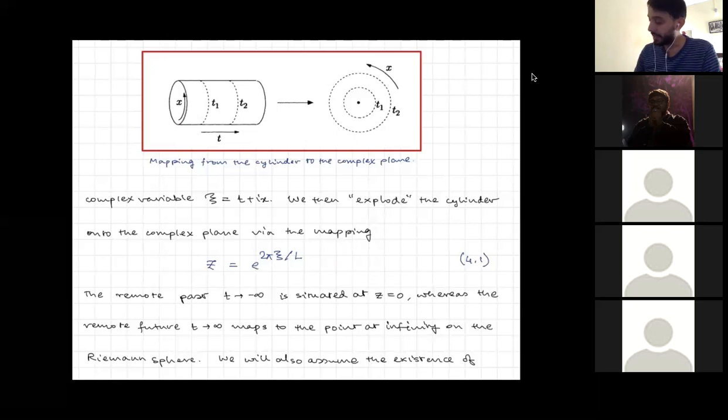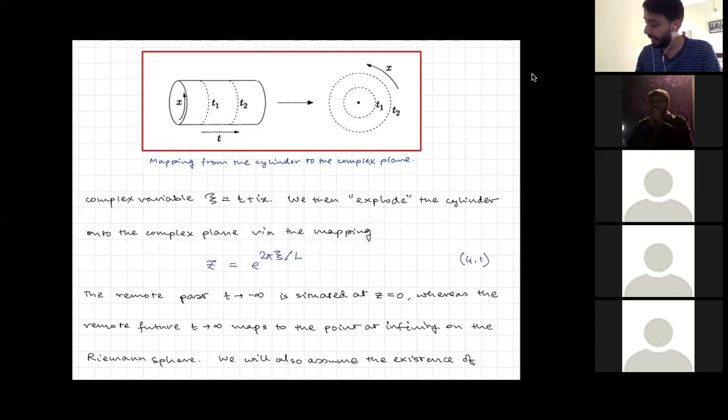So notice that if you want to go to the remote past, in that case, this is going to be situated at z equal to 0. That's clear from the map. You can just put these in. And so remote past is z equal to 0. So if t was the remote past, it will be somewhere here, and that goes to this point, z equal to 0, out here.